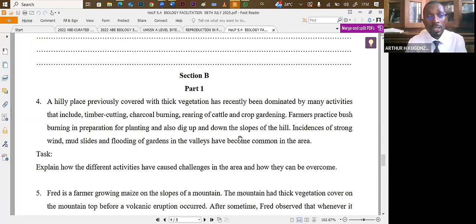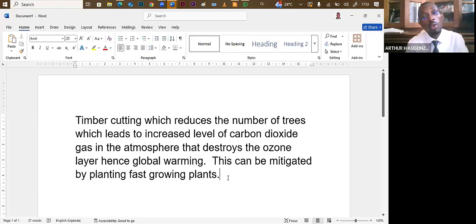Global warming is not there. The scenario was very specific. It told you there was a strong wind, mudslides, and flooding of gardens in the valleys. I hope that one is very clear. So this response is wrong for this particular task. I hope I have answered that one.